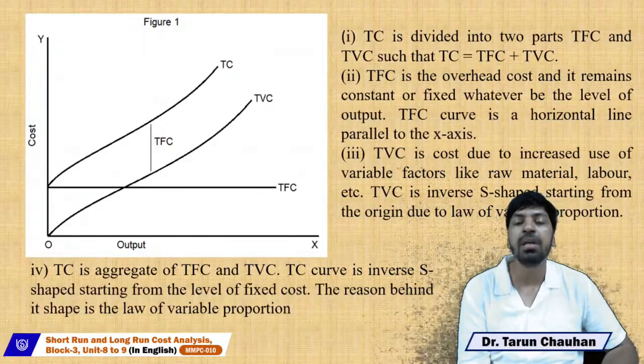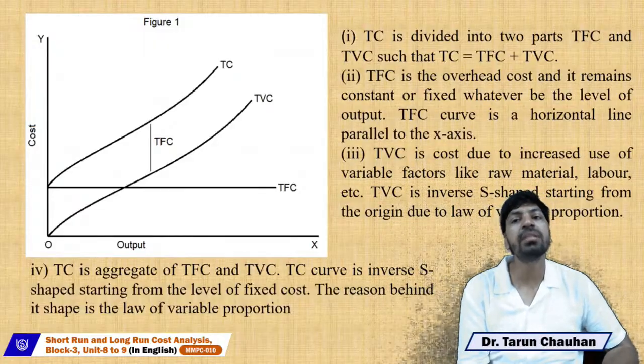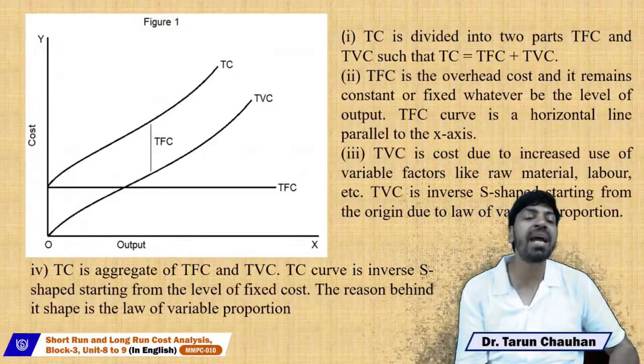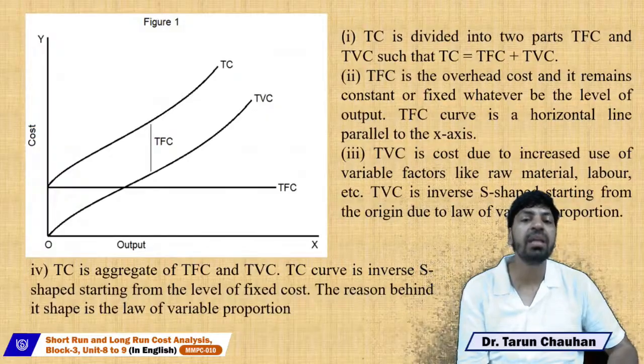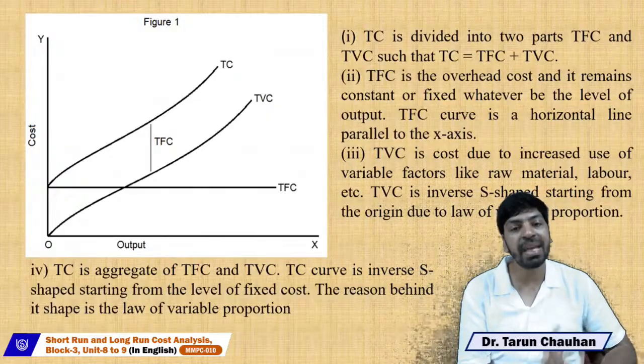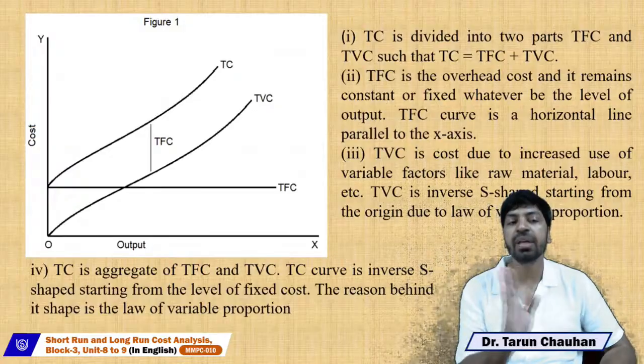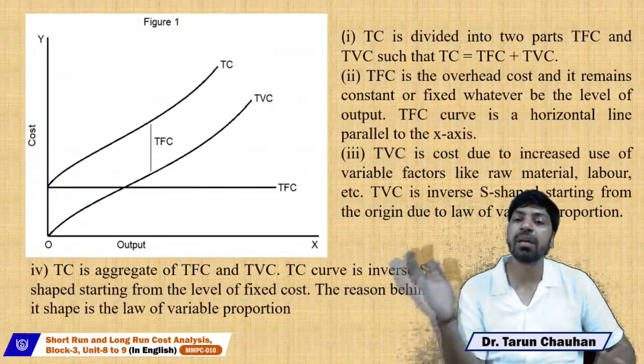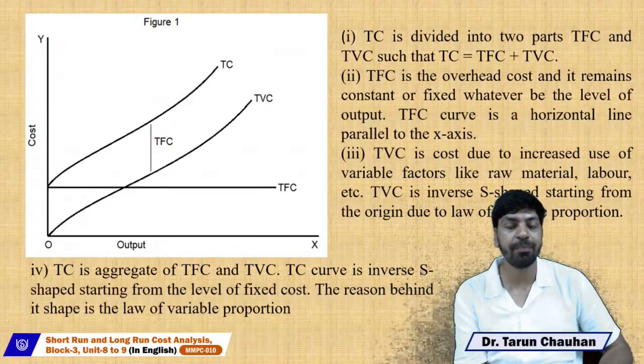So the total fixed cost curve is a horizontal line parallel to the x-axis. Whatever the level of output, the cost remains the same.